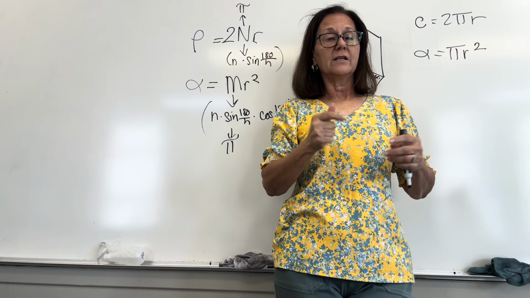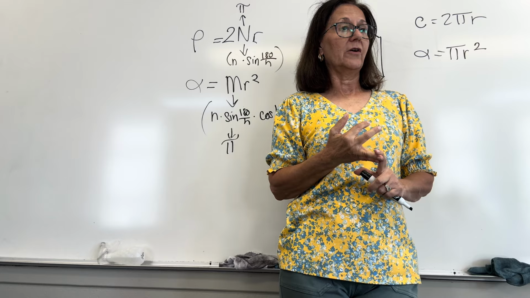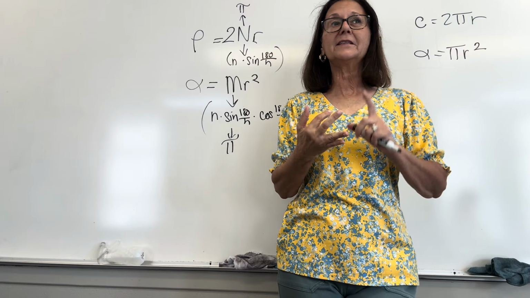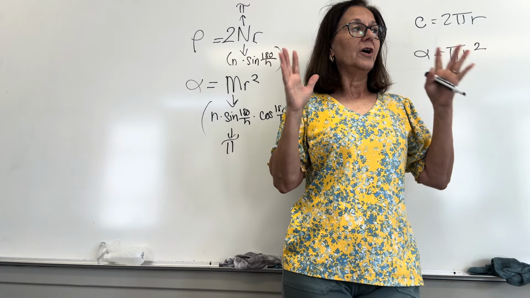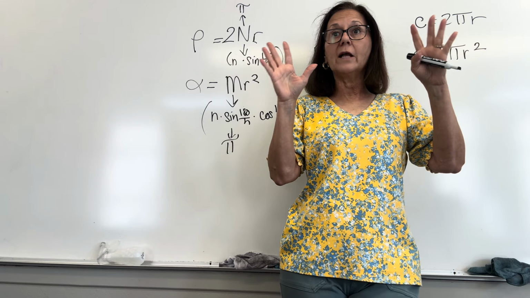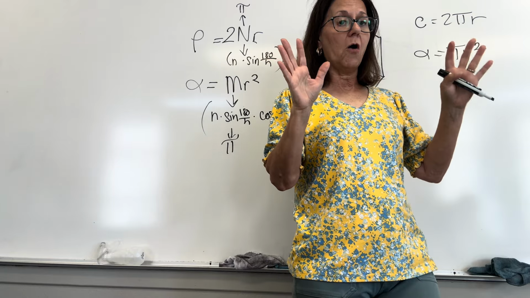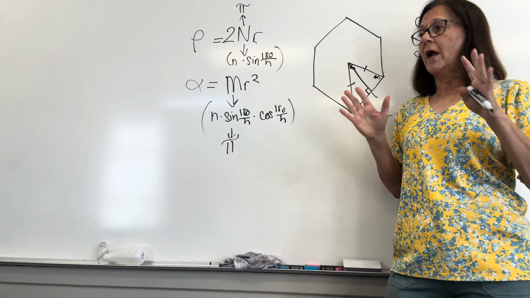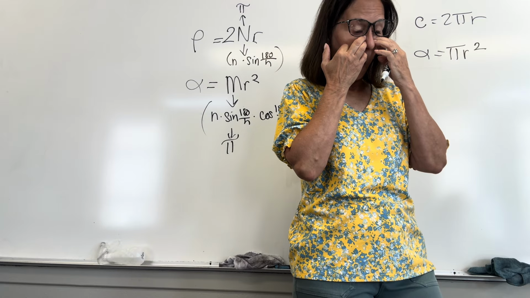It's length. So circumference is tied to length. So if you're asked what is the length of this portion of a circle, you're thinking circumference. It's one-dimensional. In that case, when it's one-dimensional, we only have terms raised to the first power.